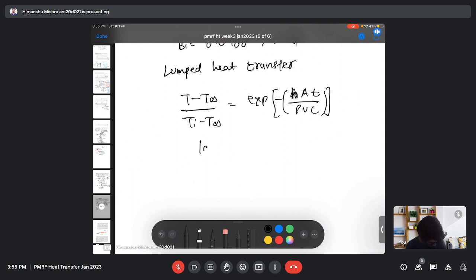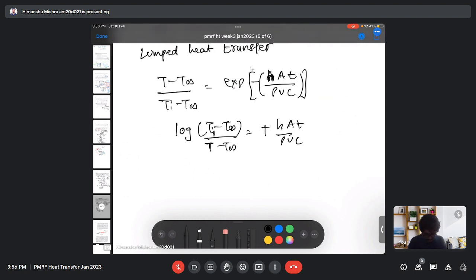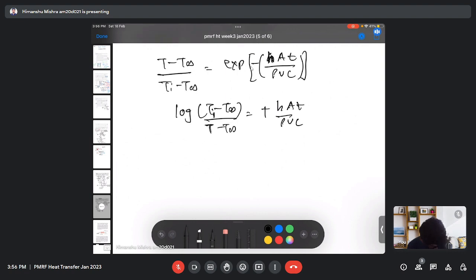Take the log. So we need to find the temperature here. Sorry, time here.